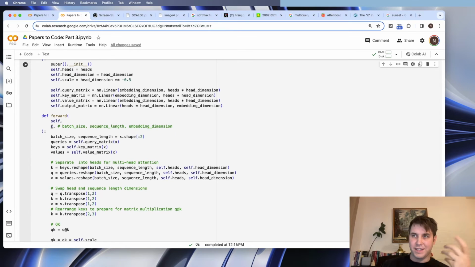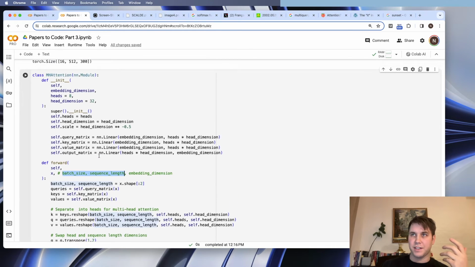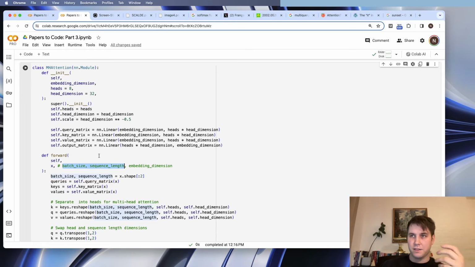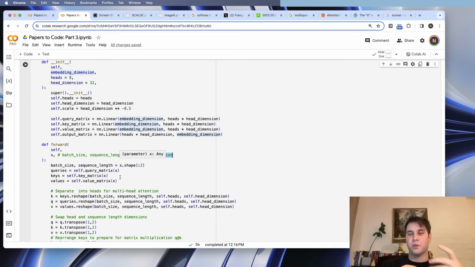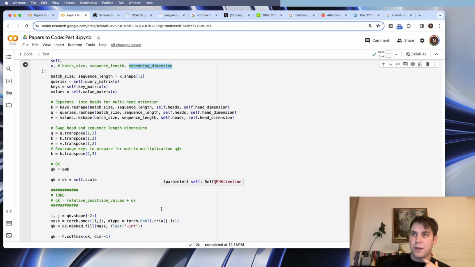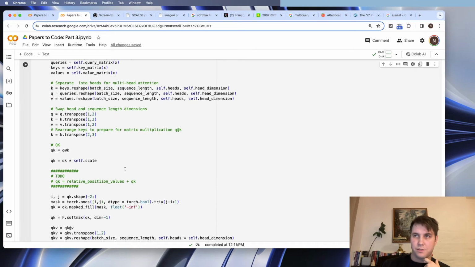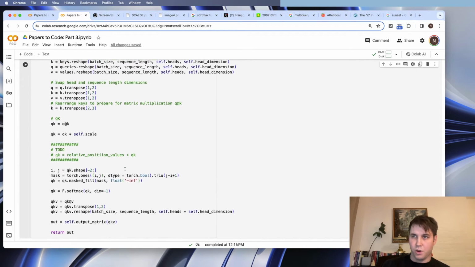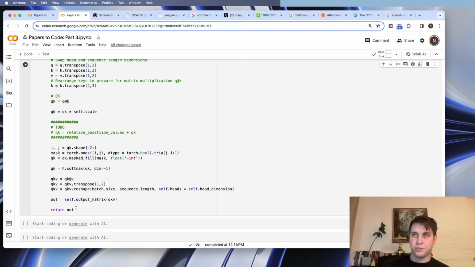All we're passing in is the input data, and the batch size and sequence length are agnostic here. This multi-head attention can take any batch size, any sequence length. All it requires is that we specify the embedding dimension, because we need to know that in order to split this out into heads and head dimensions. But yeah, there's nothing new here. We're just following all the steps that I just walked through, and we return an output.